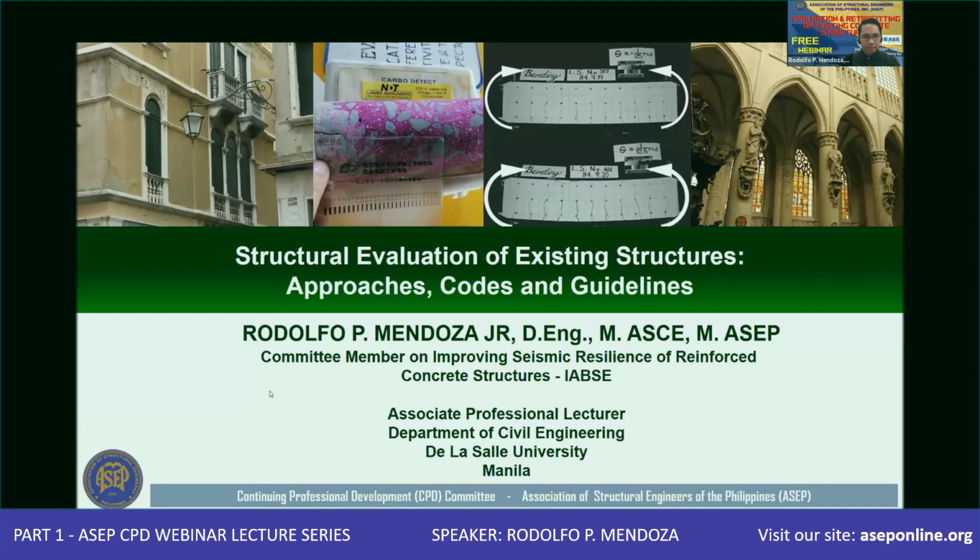Okay. Another question: is peer review required in using PBD in the Philippine setting? What is the liability of the peer reviewer? Well, we don't have yet rules in the Philippines on how to do this PBD, but internationally, yes, there are requirements that an evaluation or design using a performance-based approach must be peer reviewed.